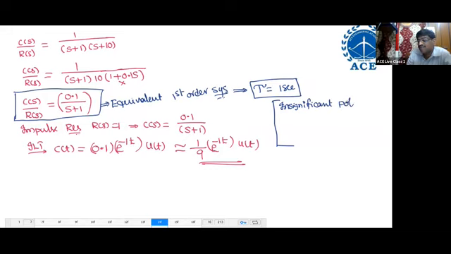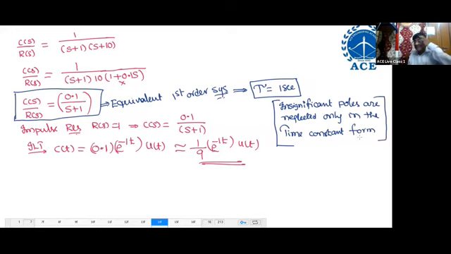That's all. So the equivalent first order system is 0.1 by S plus 1. System time constant is 1 second.